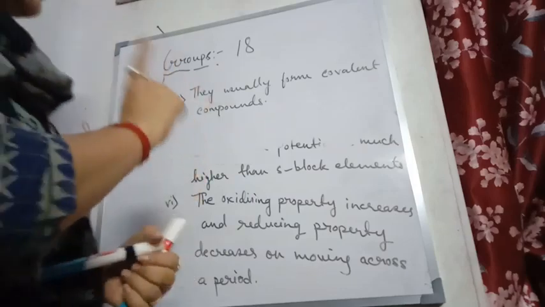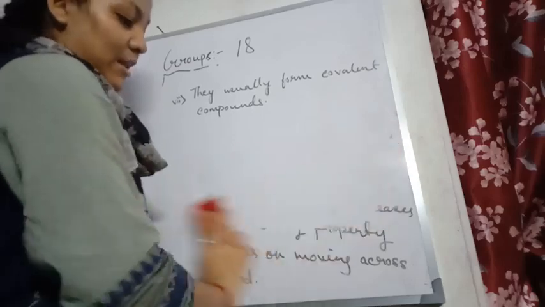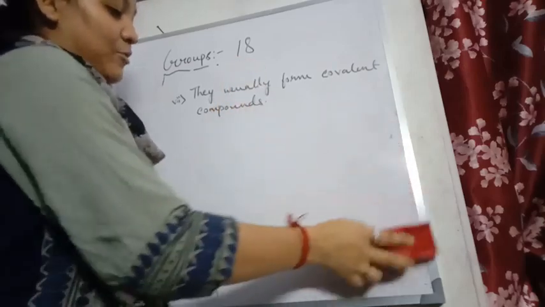Now do one thing. I think in s block elements I missed one property. I did not mention the type of compounds that they form.